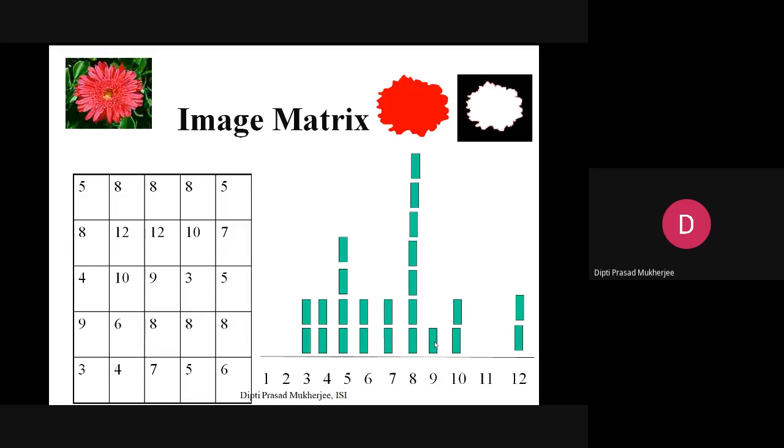Can you tell me how many classes are there by looking at the histogram? 2 classes. How do you know that? You are correct, but how do you get a feel that there are 2 classes? If you look at the histogram carefully, there is a peak at 8. And what is the next peak?